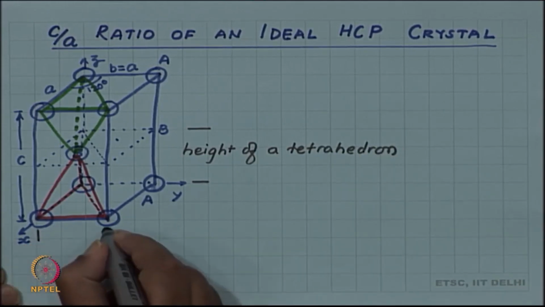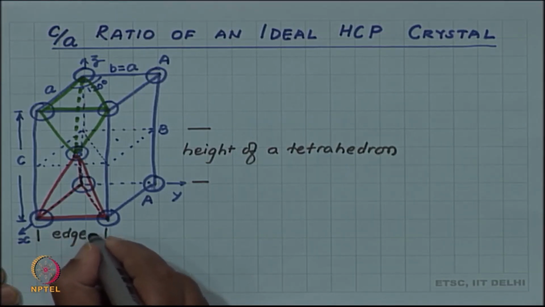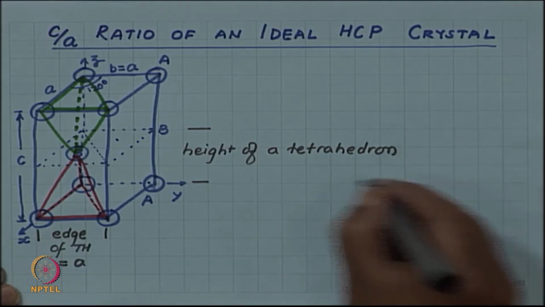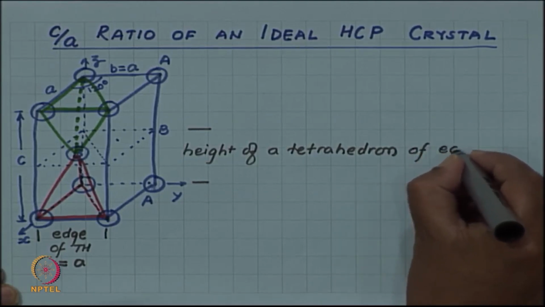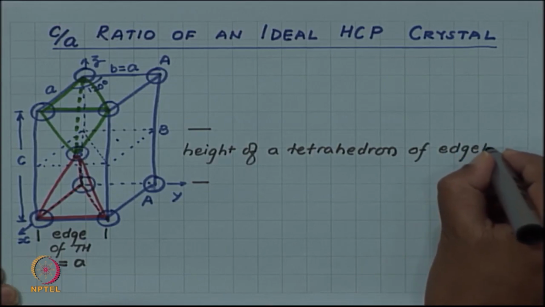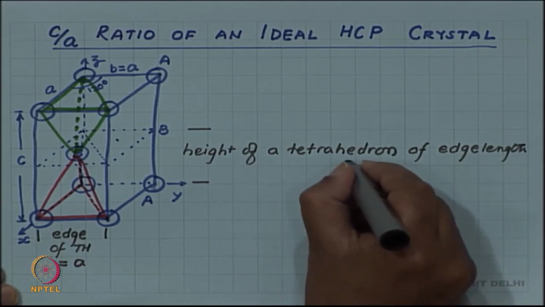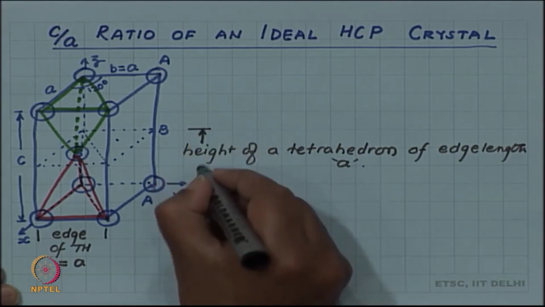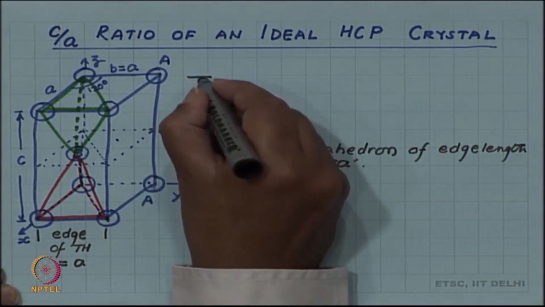That is the lattice parameter A. So, the edge of the tetrahedron is nothing but A. So, the A to B distance is the height of a tetrahedron of edge length A. And this of course is again the same height.